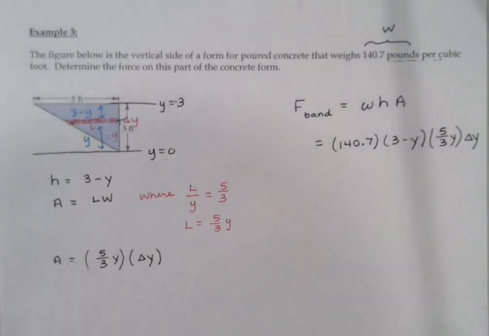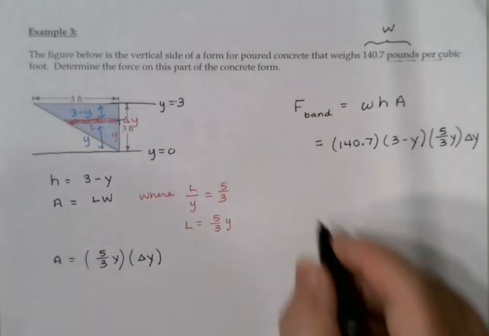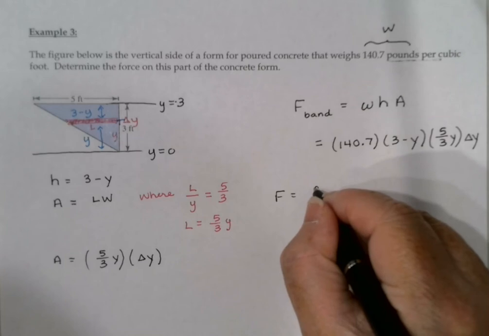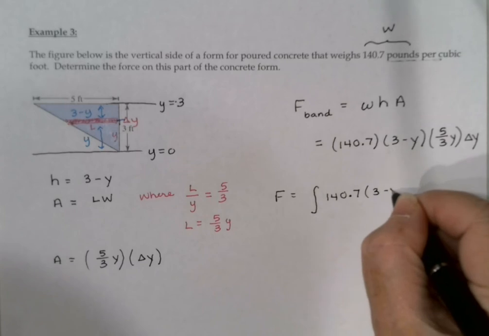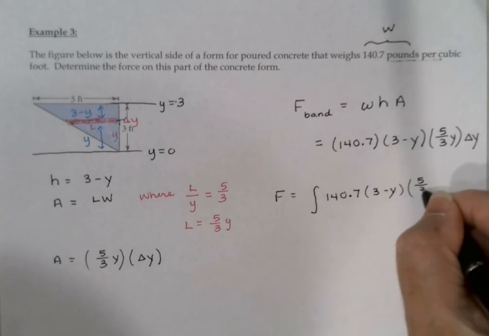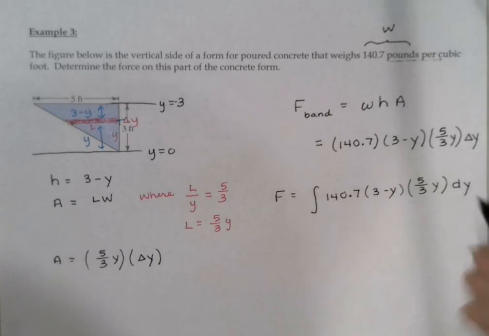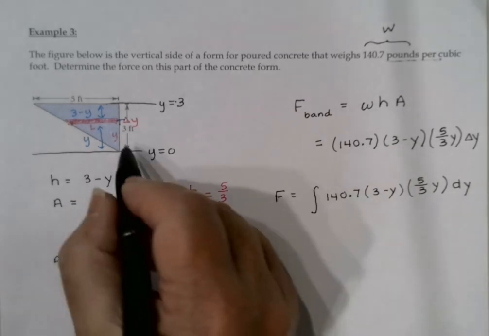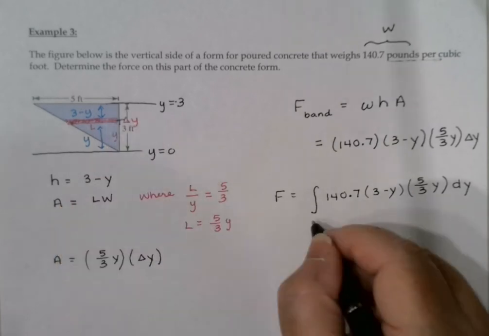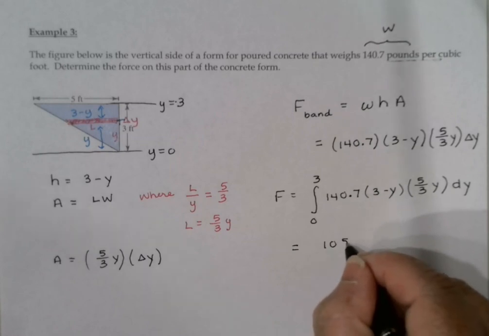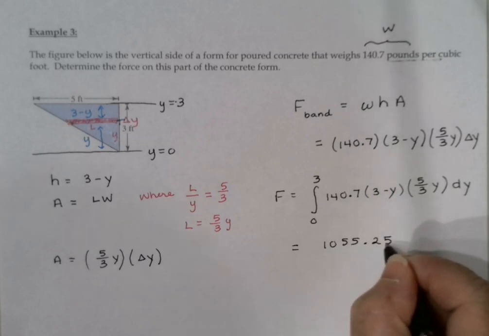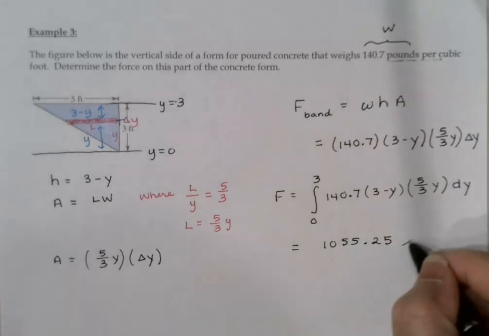In order to find the total force on this entire concrete form, I would integrate that. I could have pulled some constants out of the integral, I just didn't bother this time. We're going from 0 to 3 for our integral. Just for simplicity, if you put that in a calculator, I got 1055.25, and that would be force in pounds for this problem.